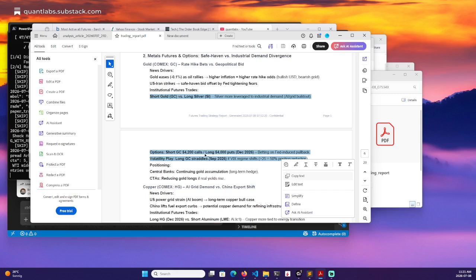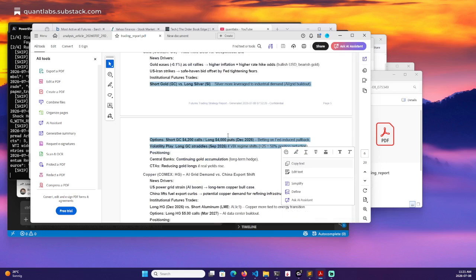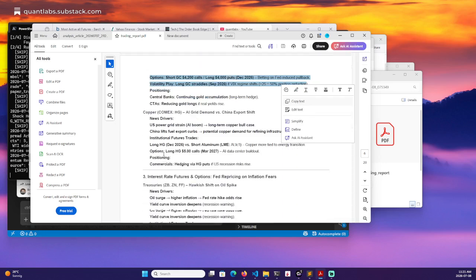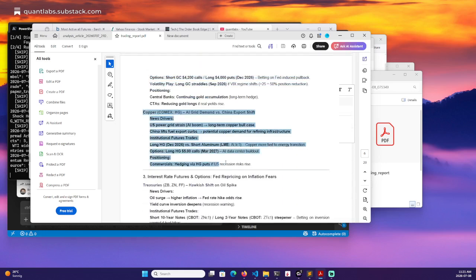That's reactionary. And then from time to time, you'll see commodities outperform all of the stock market indices. So there's that. Copper right now is kind of the driver of everything, just so people know, because of the AI boom.